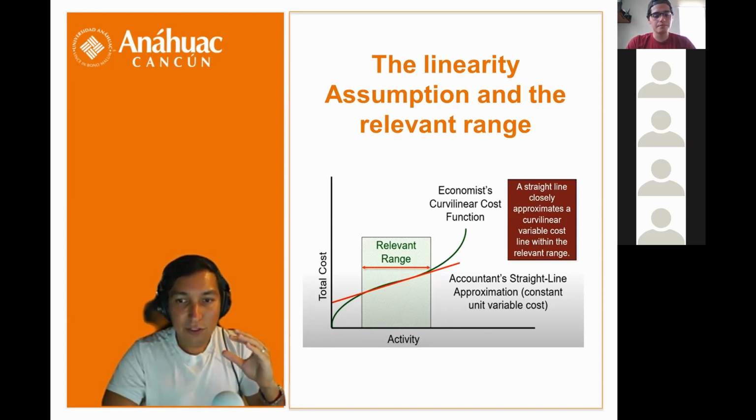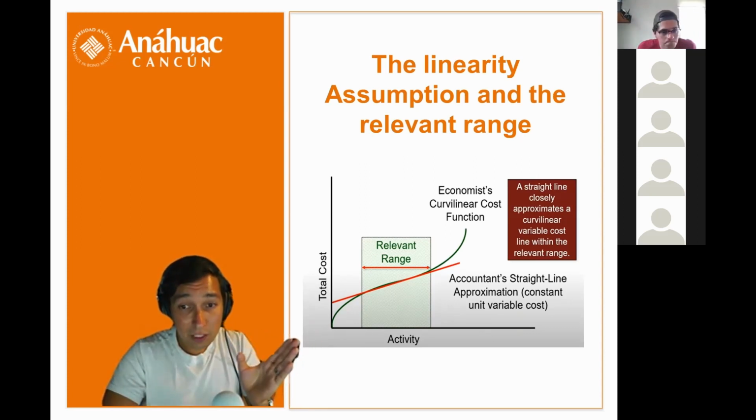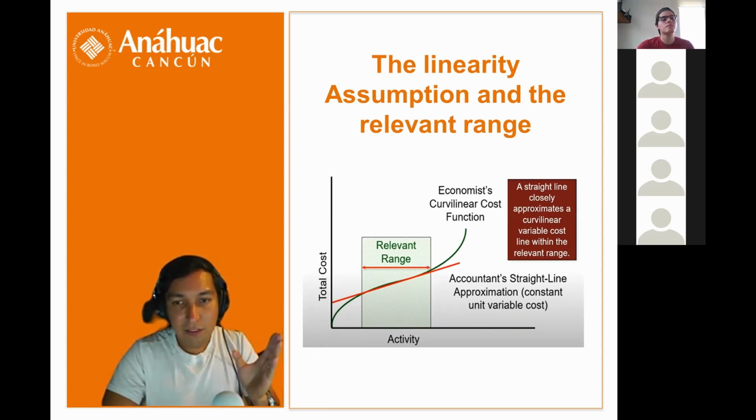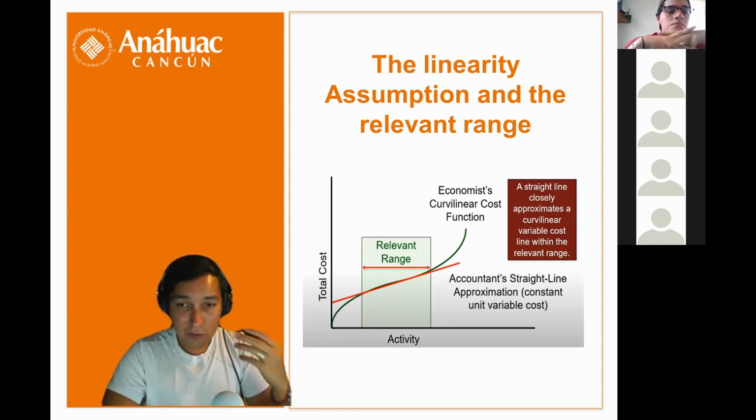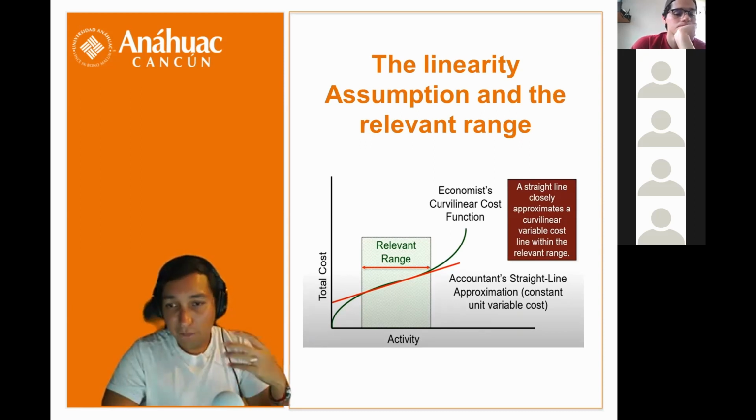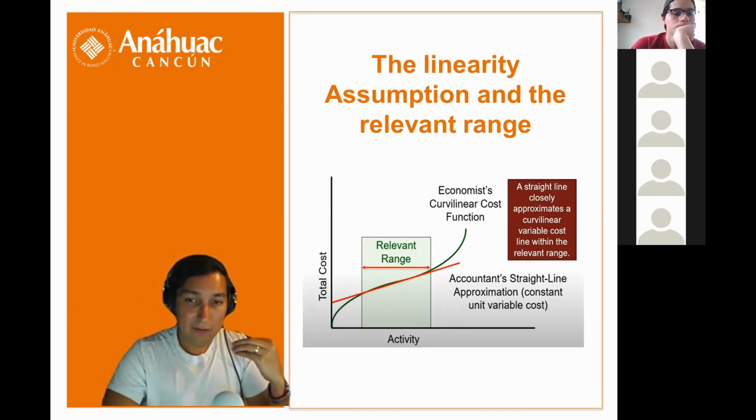Here we are making 100, 200, 1,000 widgets, increasing the efficiency, and all the units of product share in the company's fixed cost. Then let's say we exceed the capacity of our facility. We can't make that many widgets given the limited space, so we have to move to a bigger manufacturing facility with more space and more storage, and therefore our costs go up again, because we exceeded that relevant range.